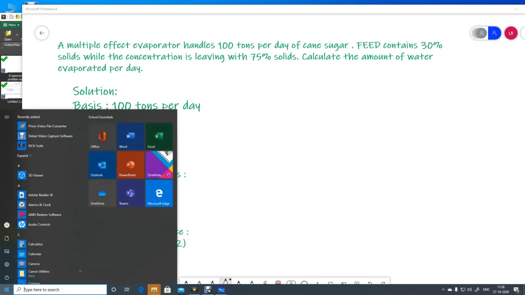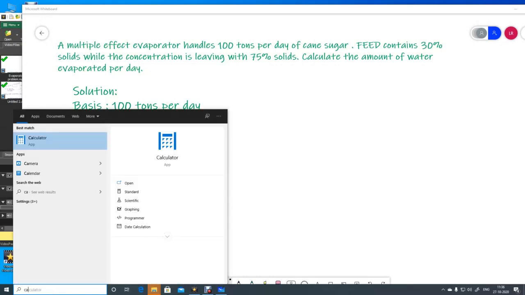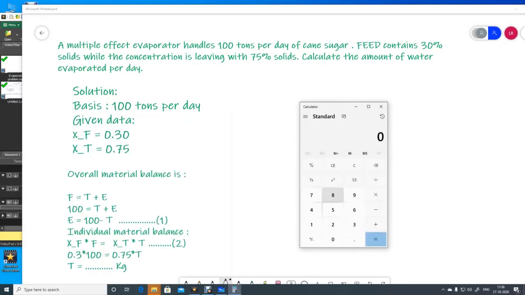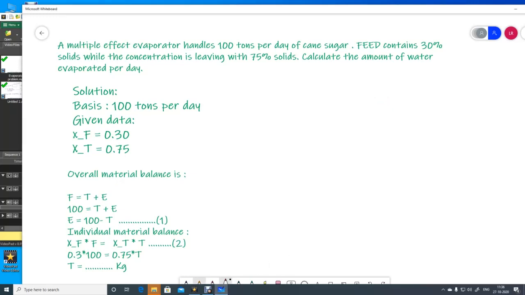Calculation: 0.3 into 100 divided by 0.75 is 40. So our T value is 40 kg. Sorry, it is tons, 40 tons per day.